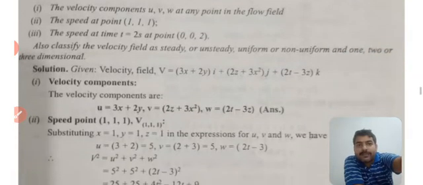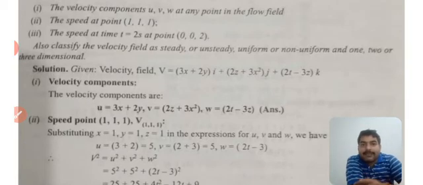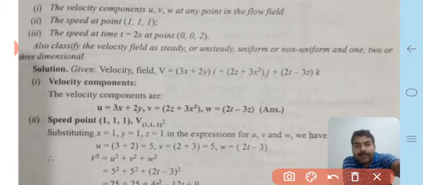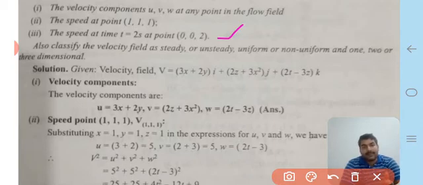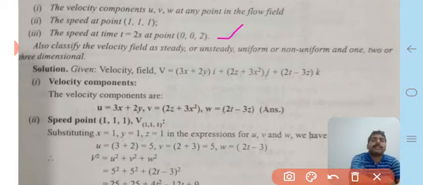And the speed at time t equal to 2 seconds at point (0, 0, 2), where the x component is 0, the y component is 0, and the z component is 2. Also classify the velocity field as steady or unsteady, uniform or non-uniform, and 1, 2 or 3 dimensional flow. This is the question given here.